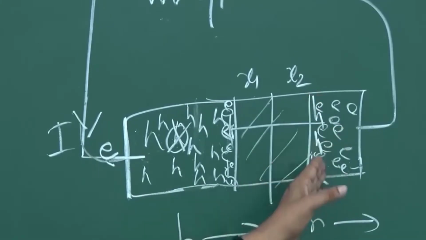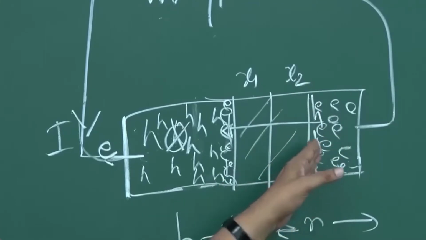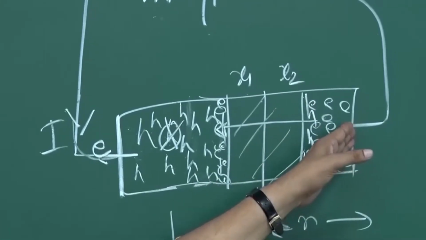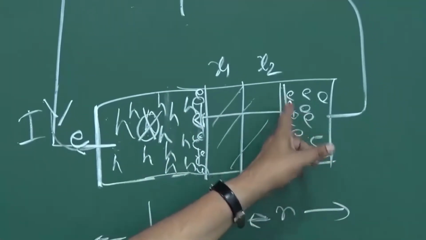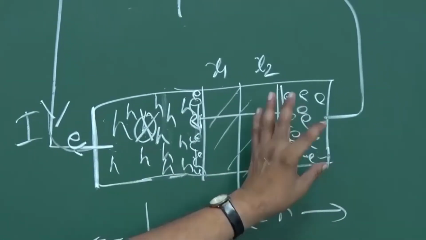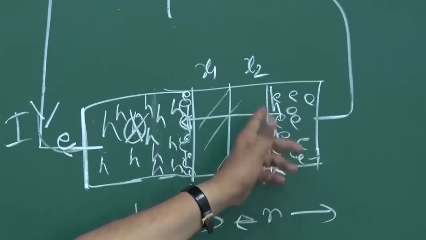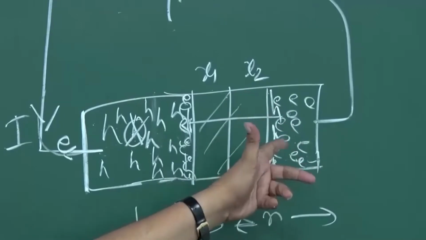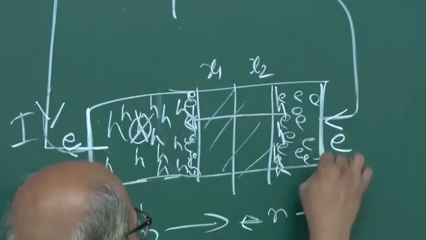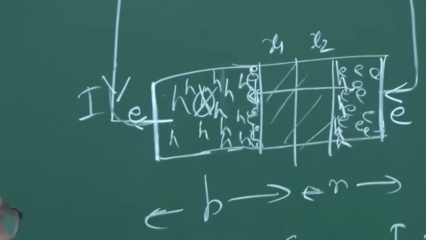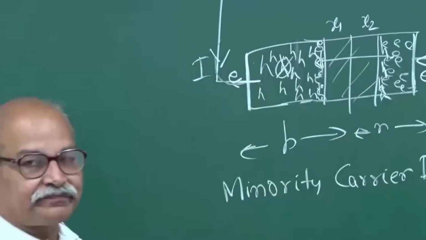The holes have a large concentration here at the edge of the depletion layer, and towards that contact they have to diffuse, and during diffusion they can combine with an electron, and one electron can go. And if one electron goes from there, once again negative charge goes, and therefore this circuit will supply an electron through this contact here to compensate that. So that is how the current goes.